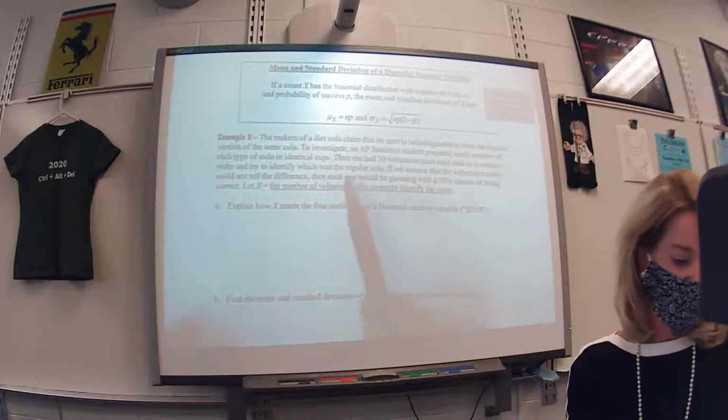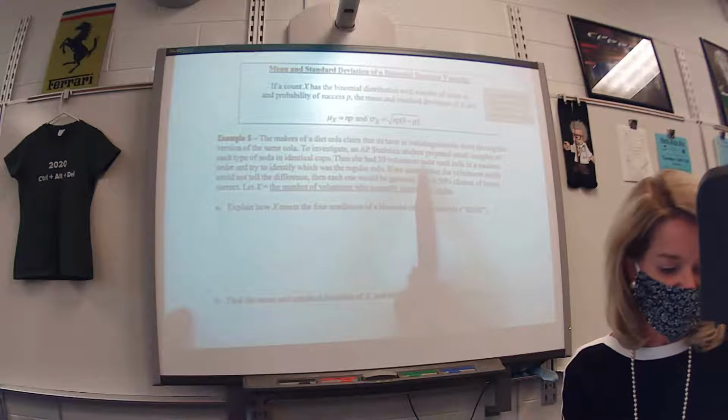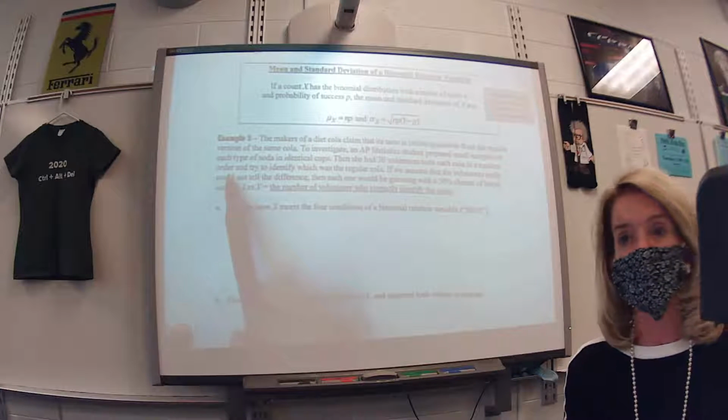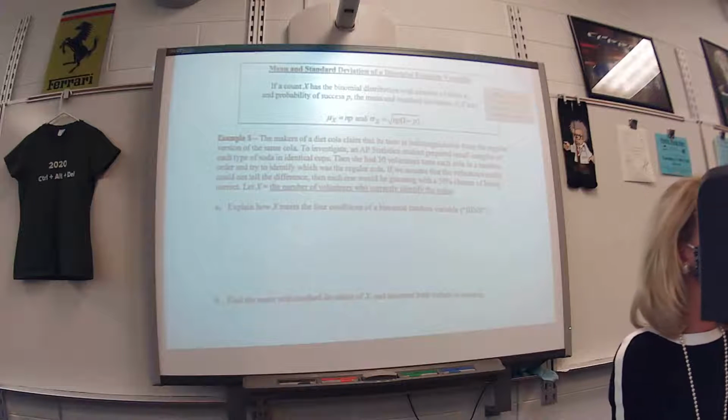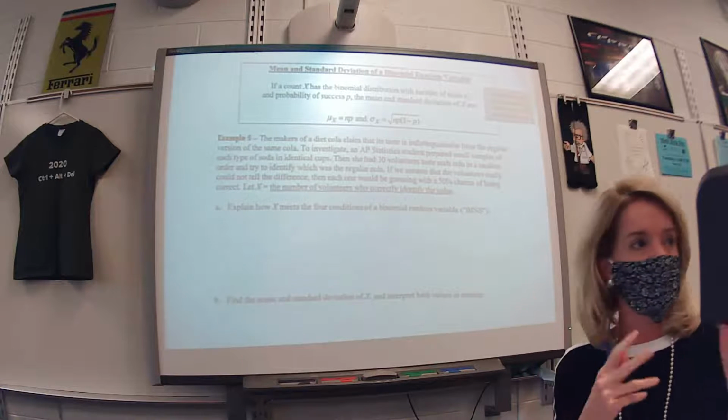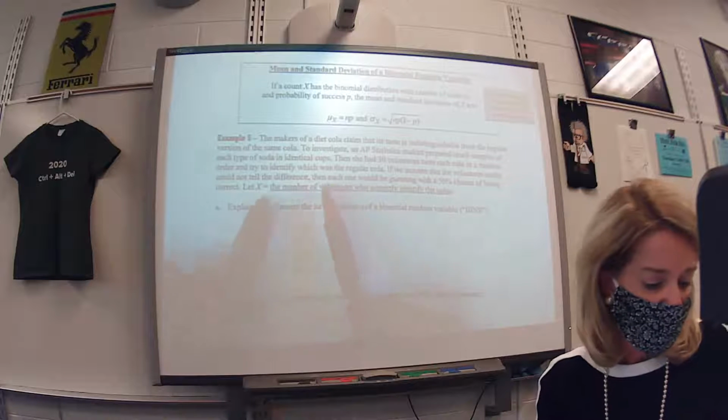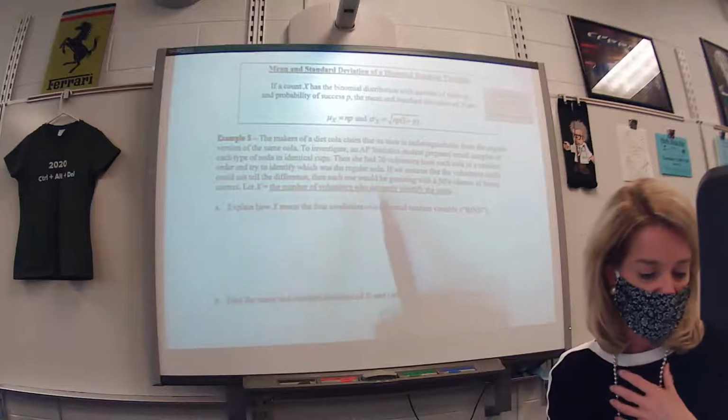She then had 30 volunteers taste each cola in a random order. So some people taste the diet first, some people taste the regular first, and vice versa. They try to identify which is regular.